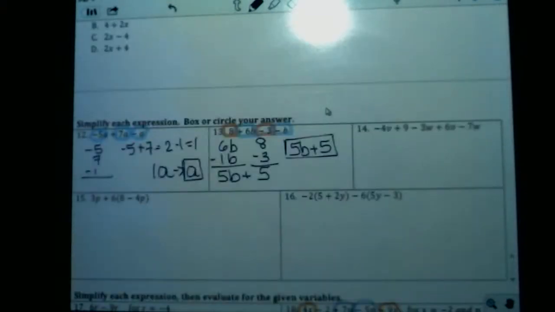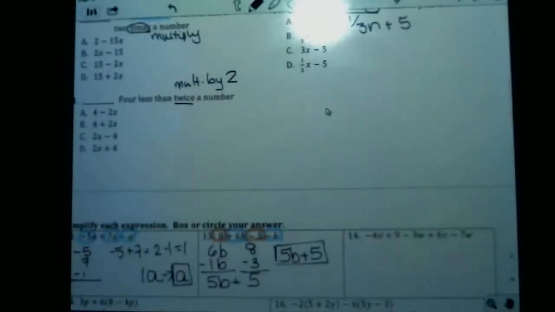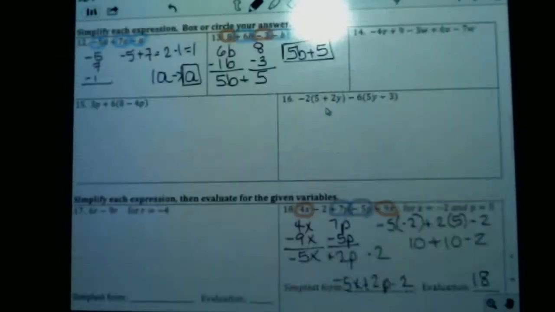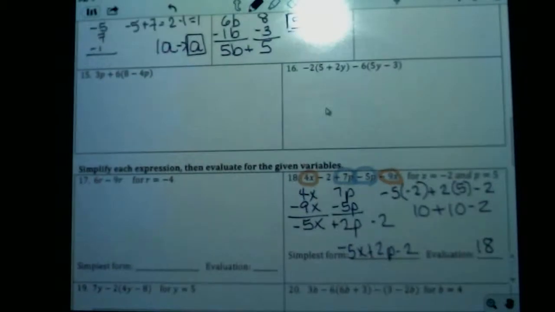Alright, that's really your review for your test. Looking at these examples, you should be able to go ahead and work on and finish the review. Remember on this one you're going to need to distribute the 2 and then the negative 6 before you simplify.